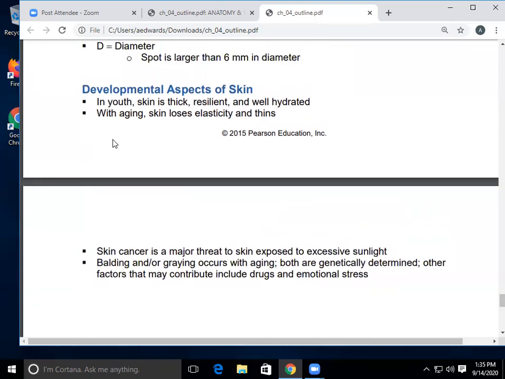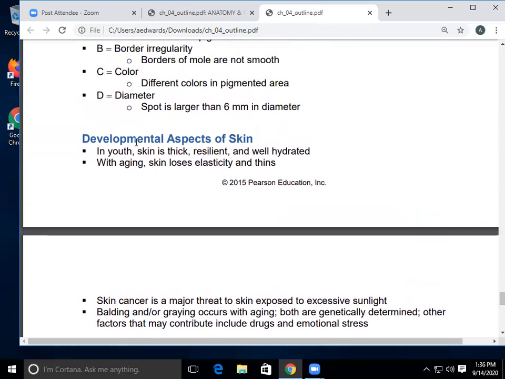All right, so developmental aspects, and we'll finish up here. And so obviously if it's raised above the skin, that's also not good.